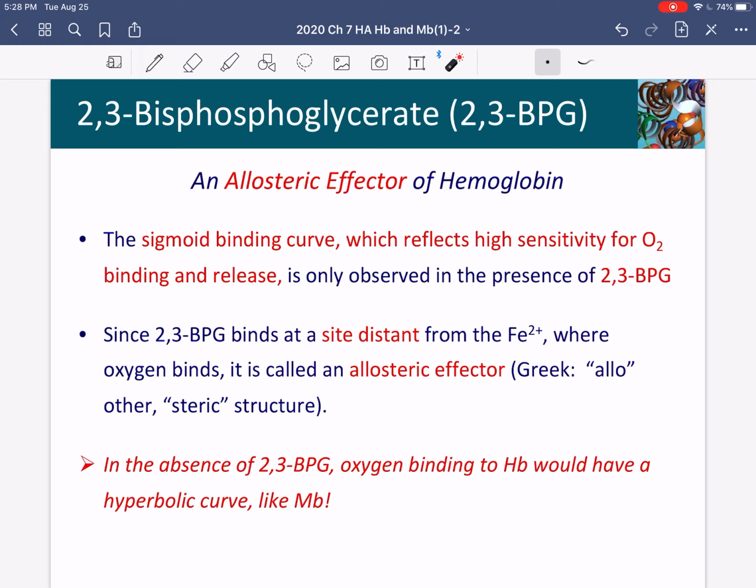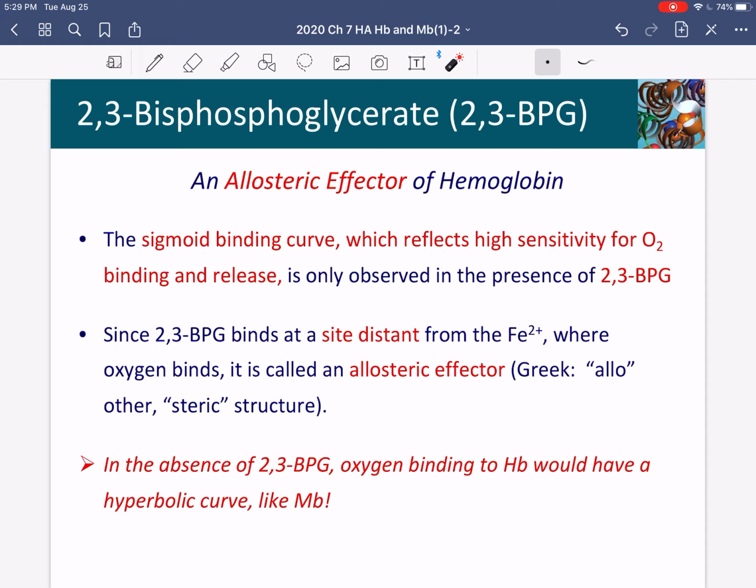And 2,3-BPG binds to the center of the tetramer of hemoglobin. So remember in that first slide when we first showed you how the space in the center of the tetramer is wider in the T state and closes down in the R state.